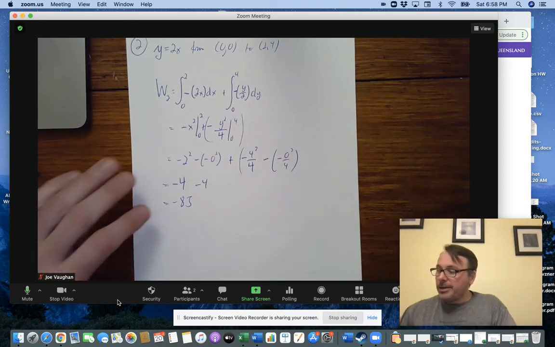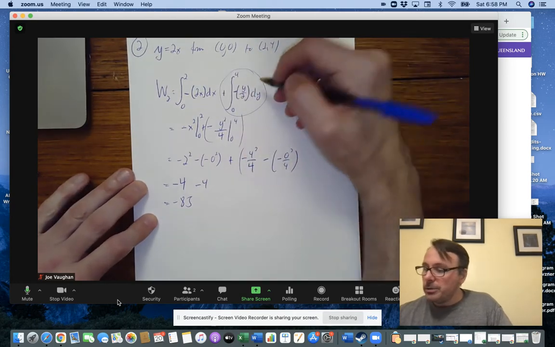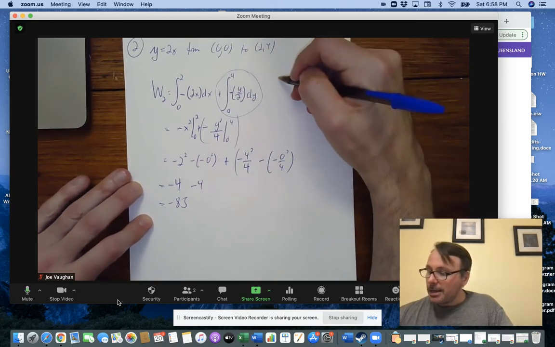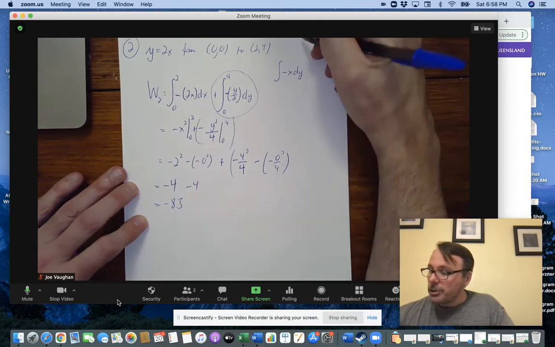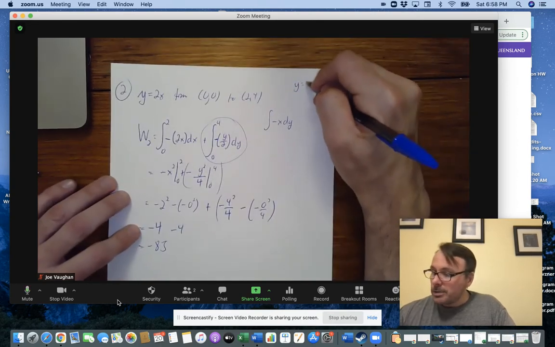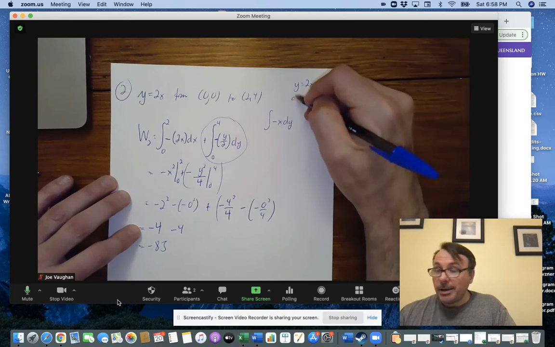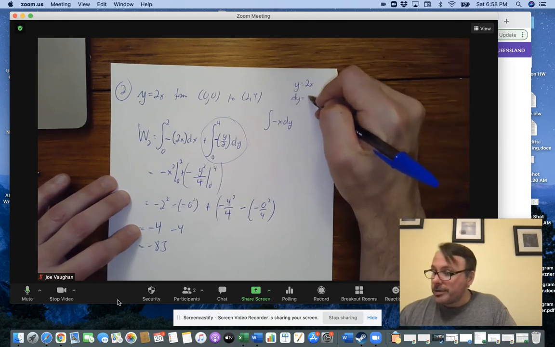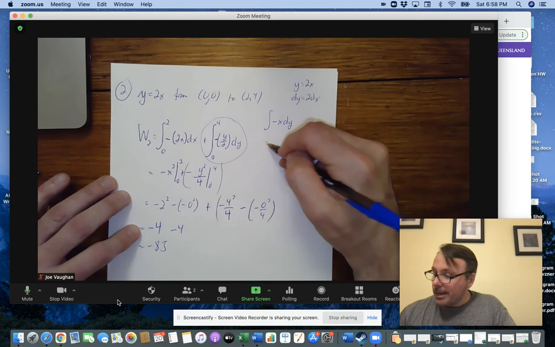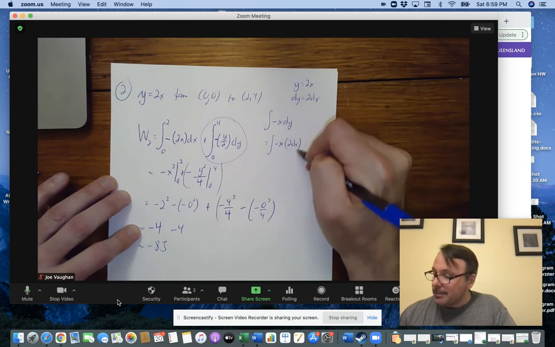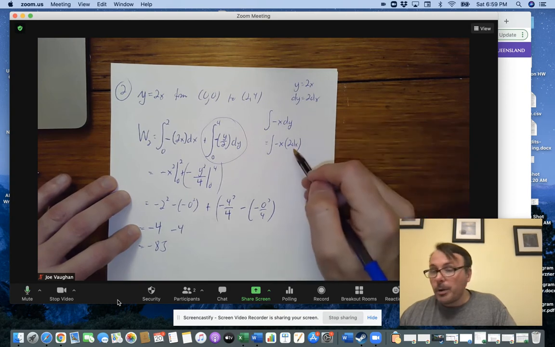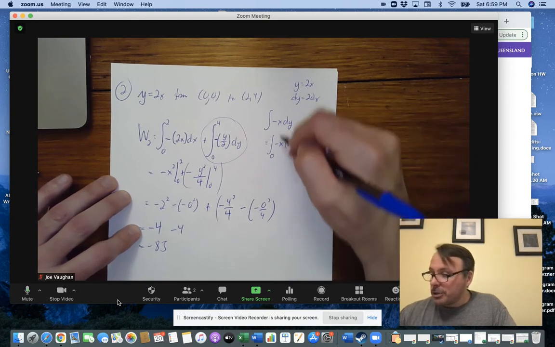This is great. I do want to show you that I could redo this second term, which was technically negative x dy, by doing a transformation. So if y is equal to 2x, we showed before by taking the derivative that dy was equal to 2dx. And so if I do that here, I get negative x times 2dx, right? And now that I'm evaluating with respect to x, I'd go from 0 to 2.